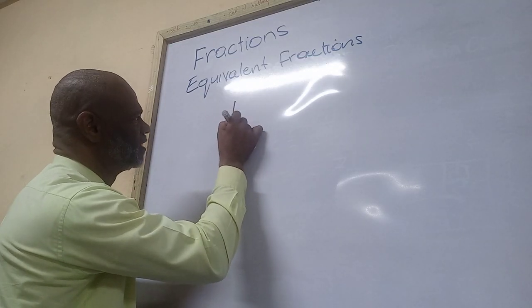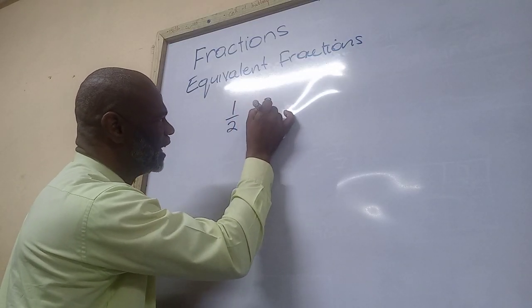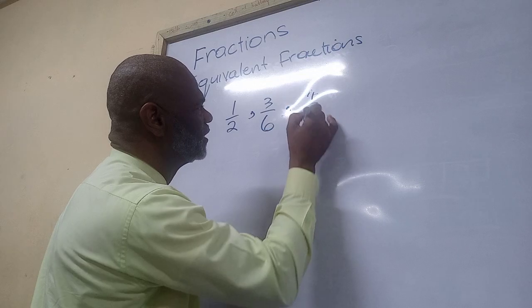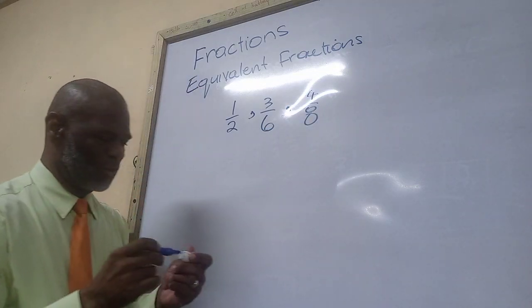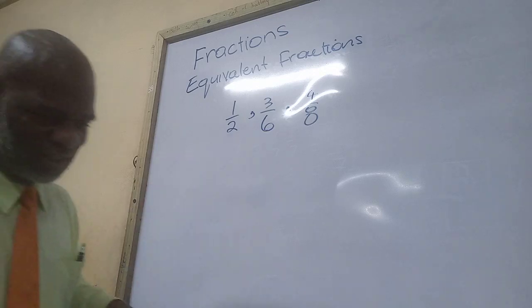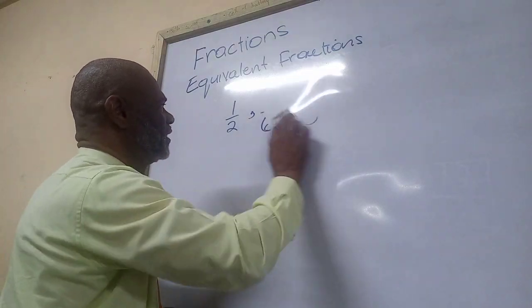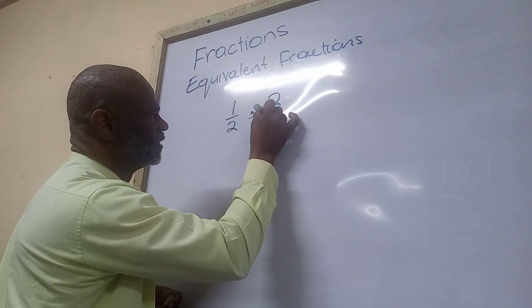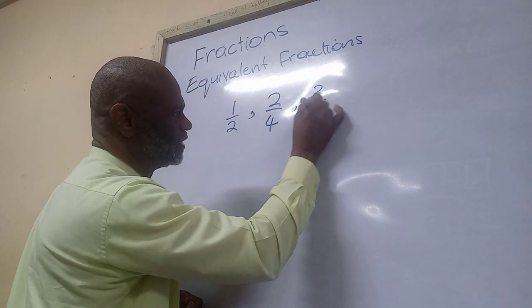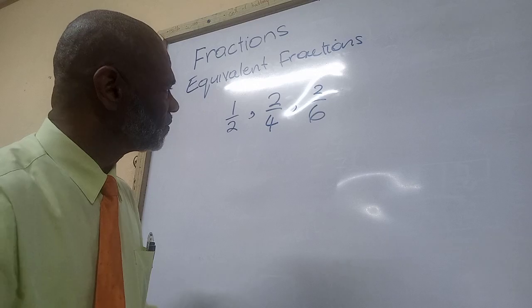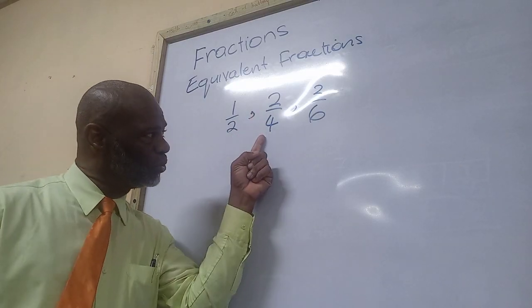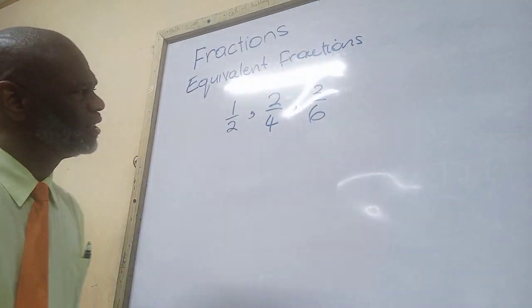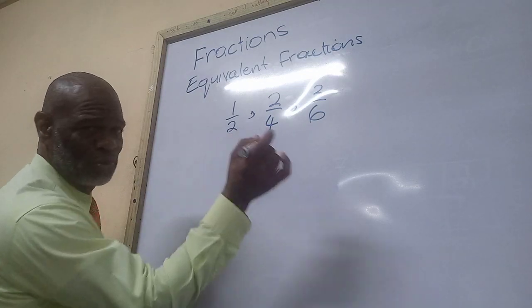So we have 1/2, 2/4, and we have 3/6. Good? Now, let's use circles this time.